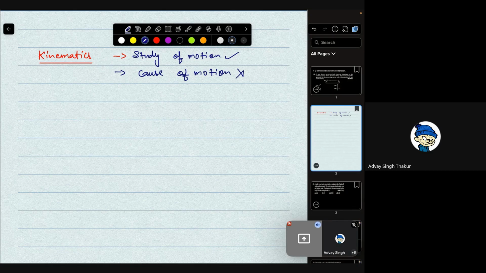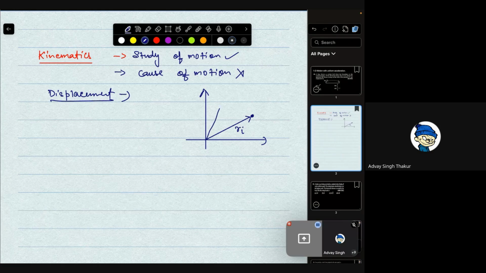Now next, if you remember, we started this topic with displacement. Displacement, in layman's terms: if you are at this position right now, and you have moved to some other position after some time, then these are the position vectors, r_i and r_f.